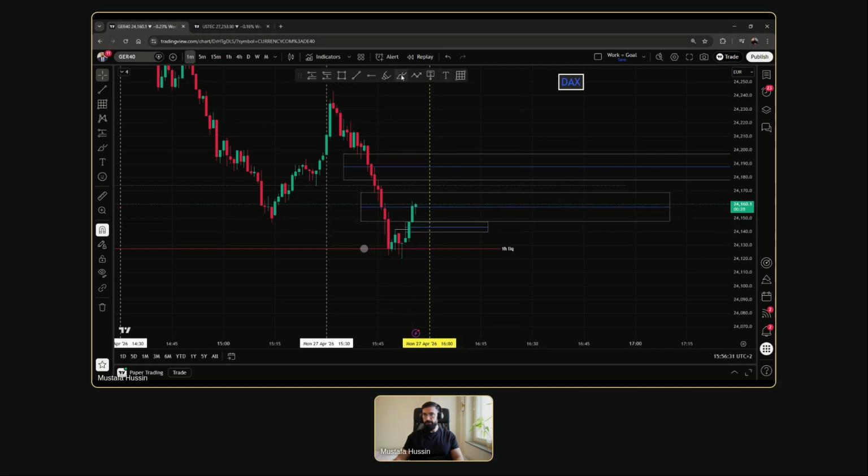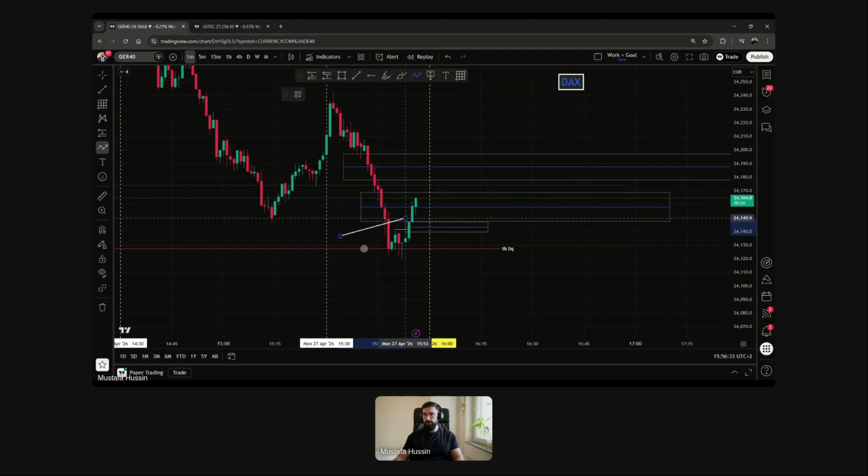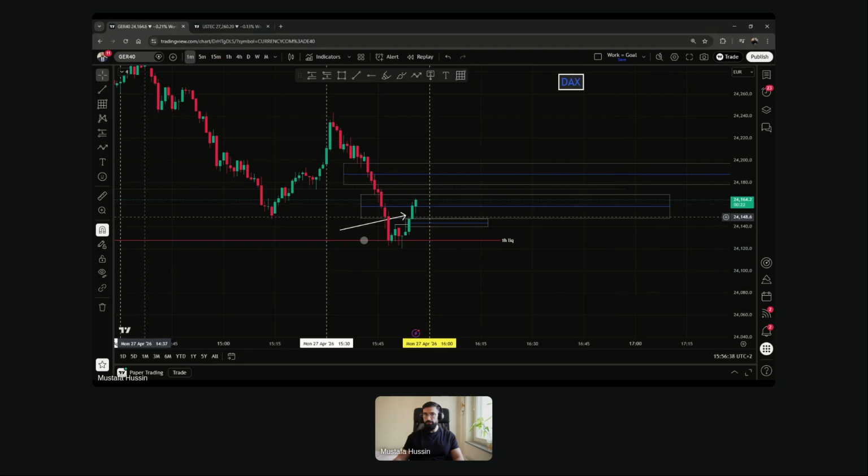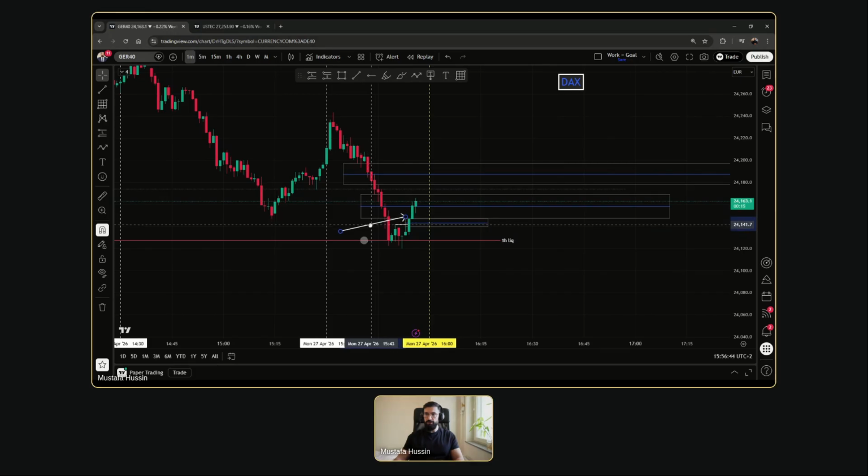There is another fair value gap created right there. So it either gives us a reaction on this fair value gap or this fair value gap.